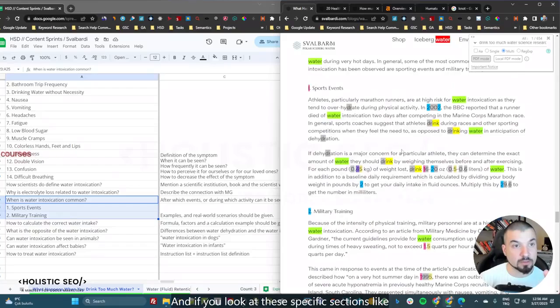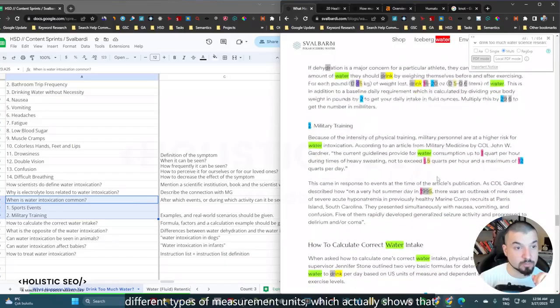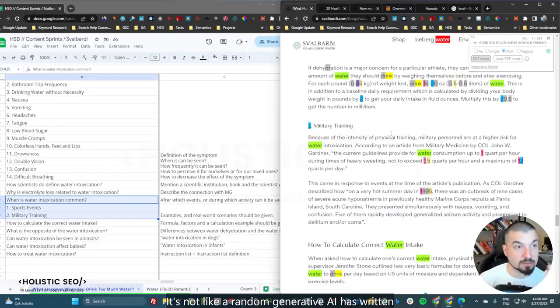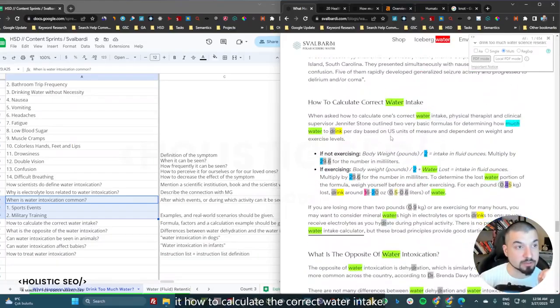If you look at these specific sections, like BBC reported something, Marine Corps Marathon race, we always use numeric values or dates or weights and different types of measurement units, which shows that there is actual research behind these things. It's not like a random generative AI has written it.